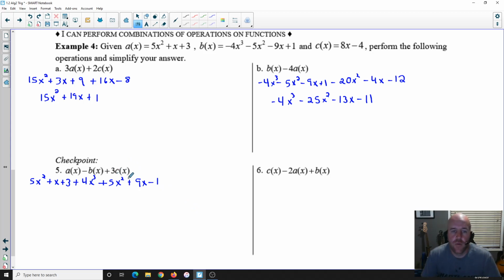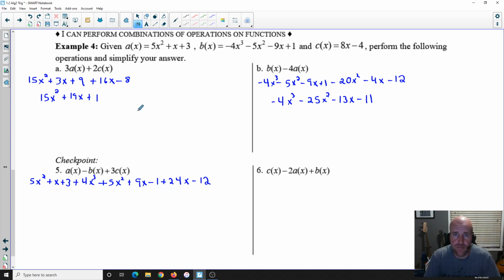And then we're adding on 3 times c. So we're just multiplying all the terms in c by 3. So 3 times 8, that gives us a positive 24x. 3 times -4, that would be -12.